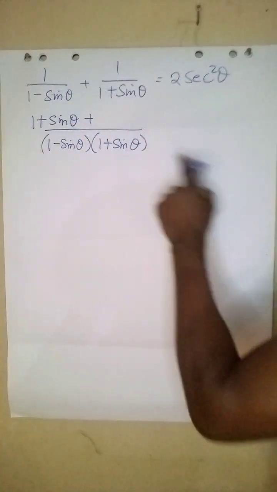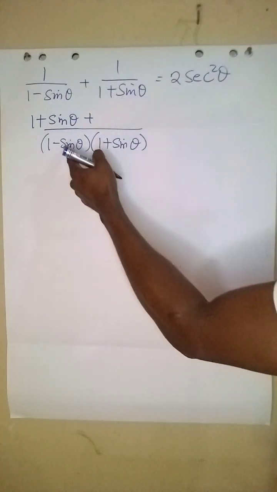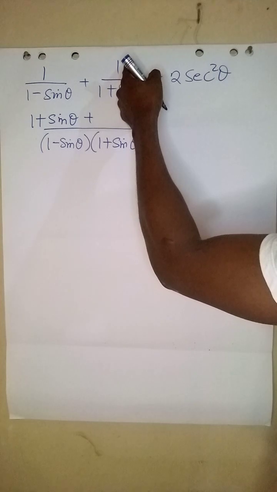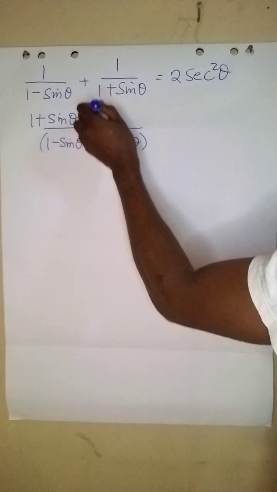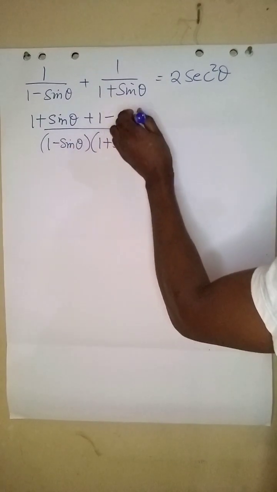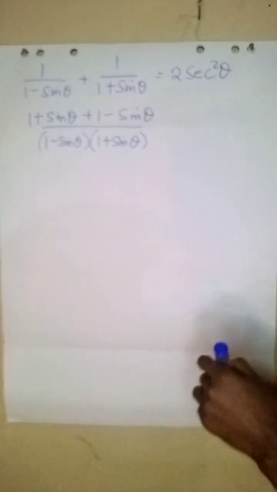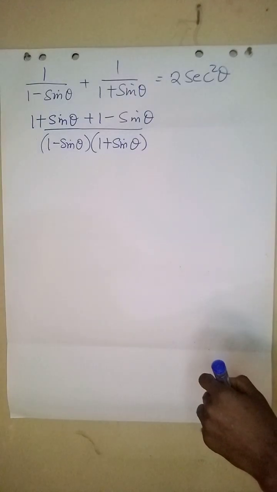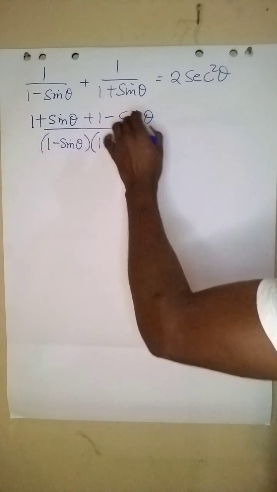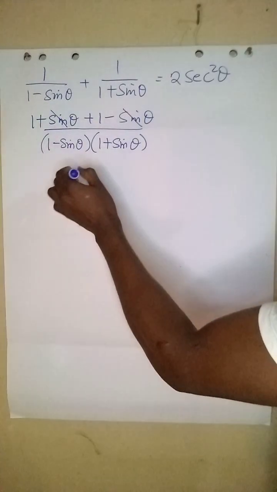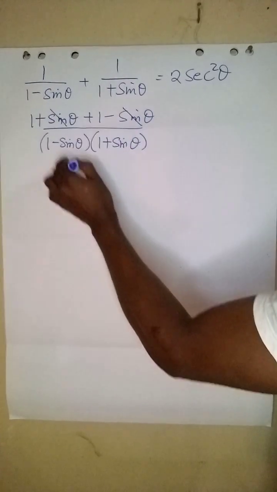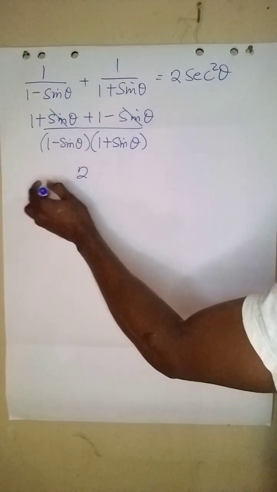You have a central plus. This also will cancel this, and you have this multiplied by the numerator here, and you have 1 minus sine theta. If we collect like terms, this will cancel this, and we're going to be having 2. So 1 plus 1 is left there, 2 over this.